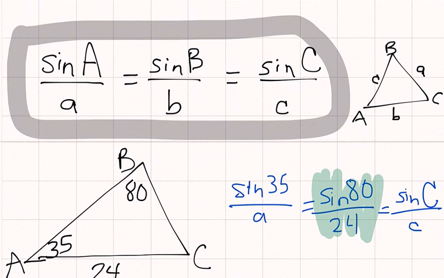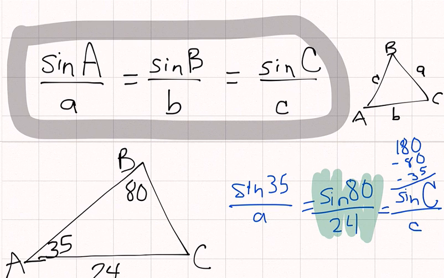We're going to use what we know about the degrees of a triangle along with these ratios to solve for the missing parts, one piece at a time. Looking at this, the first thing I notice is that I know there's 180 degrees in a triangle. So 180 minus 80 is 100, minus this 35 we already used, leaves us with 65.